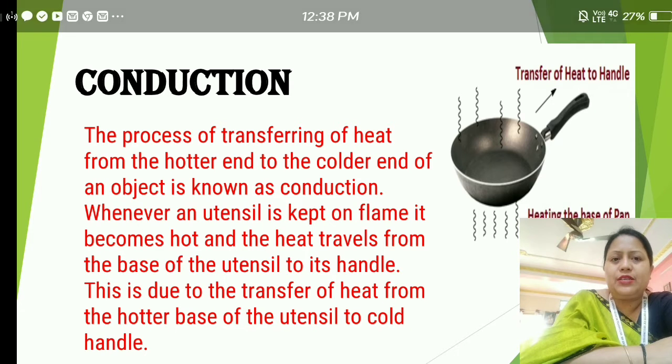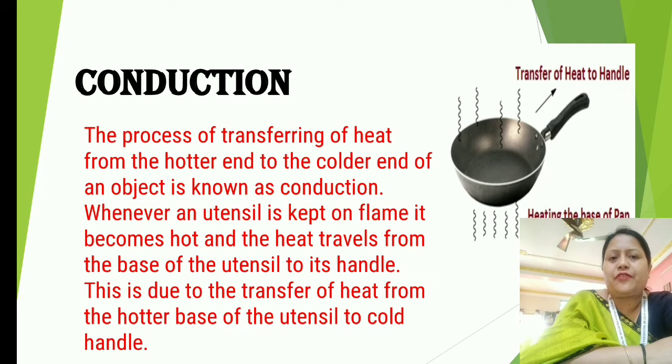Conduction, the process of transferring heat from the hotter end to the colder end of an object, is known as conduction. Whenever a utensil is kept on a flame, it becomes hot and the heat travels from the base of the utensil to its handle. This is due to the transfer of heat from the hotter base of the utensil to the cold handle.